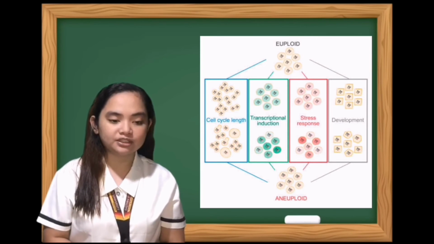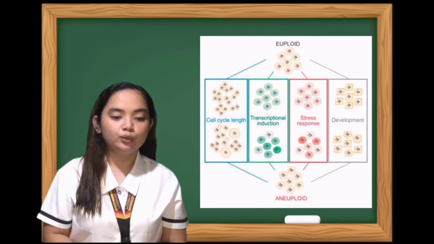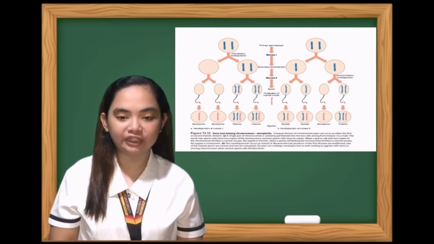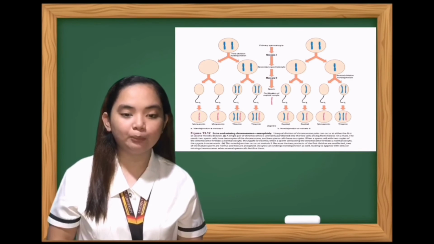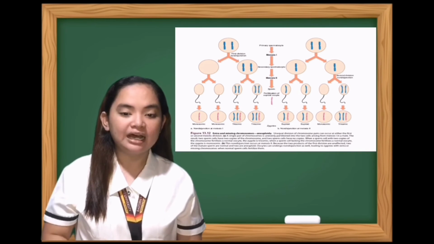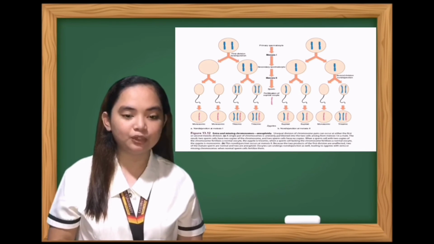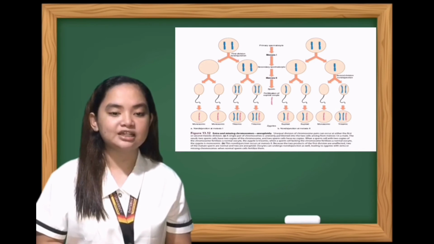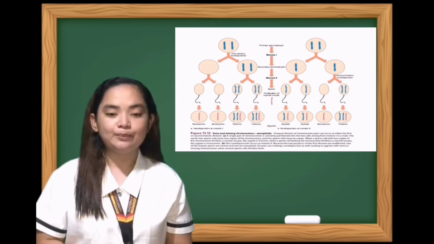A normal chromosome number is euploid, which means good set. Extra or missing chromosomes, aneuploidy: unequal division of a chromosome pair can occur at either the first or second meiotic division. A single pair of chromosomes is unevenly partitioned into the 2 cells arising from meiosis 1 in a male.